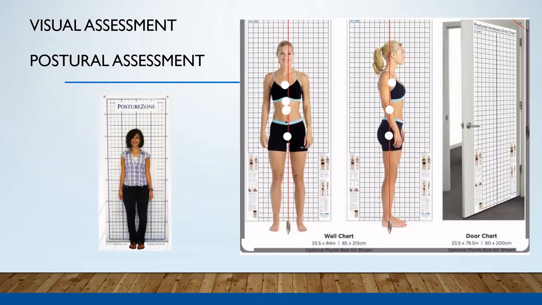So this is a postural assessment wall chart, and it's a grid, and it allows us to see asymmetry. Asymmetry is the opposite of symmetry. Asymmetry is when it is not even on both sides. And this particular example is pretty symmetrical. We have a little bit of a difference here under the arm.